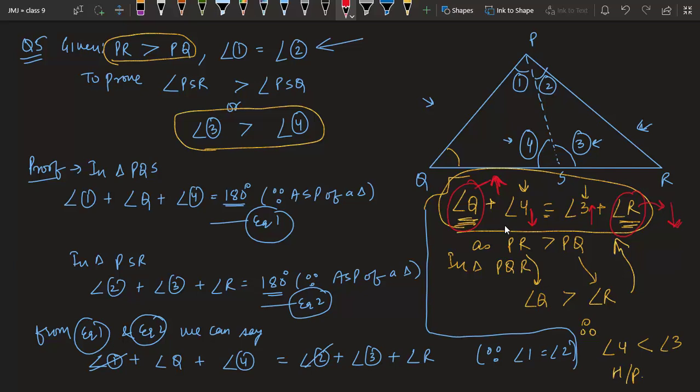Then only the equation can be equal. If both Q and R are higher, we cannot have this equal sign. For this equal sign, the relation needs to be like this only, and by that we have proved the question. Okay, thank you. You can revise it one more time. Have a great day.